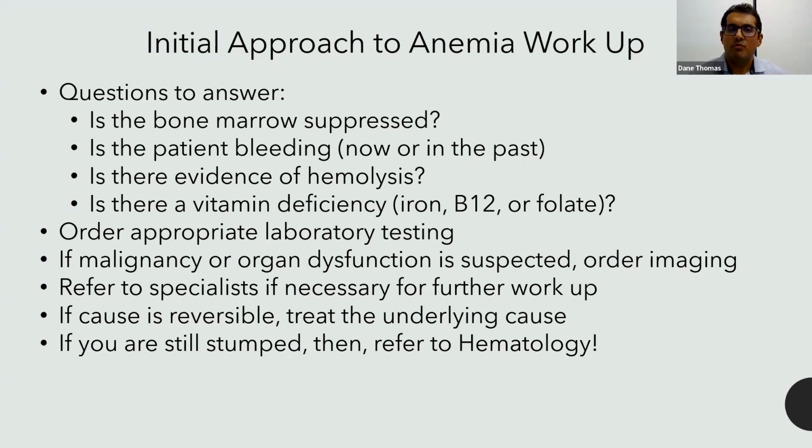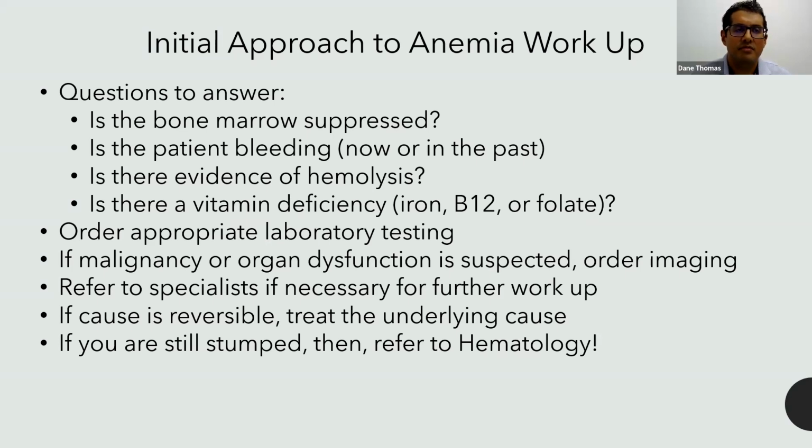After reviewing anemia in this presentation, we want to recap and talk about how to initially approach a patient that has anemia. Some questions to answer: Is the bone marrow suppressed? Is the patient bleeding now or in the recent past? Is there evidence of hemolysis? Is there a vitamin deficiency?